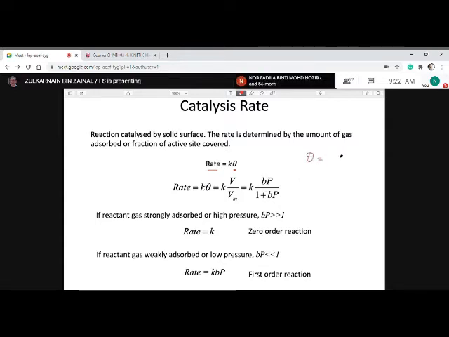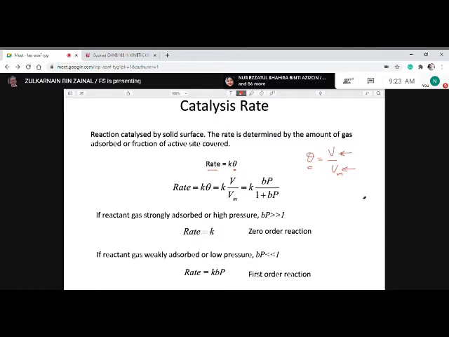Theta is V over Vm, because Vm is the total surface covered, and V is the surface covered at a certain pressure. Meaning that the extent of coverage is given by the value theta.